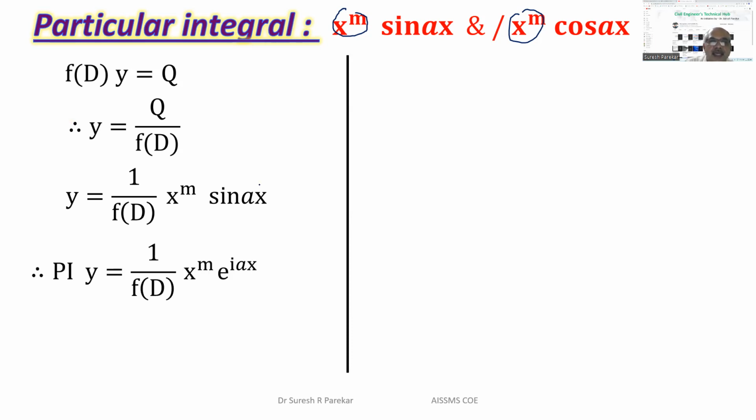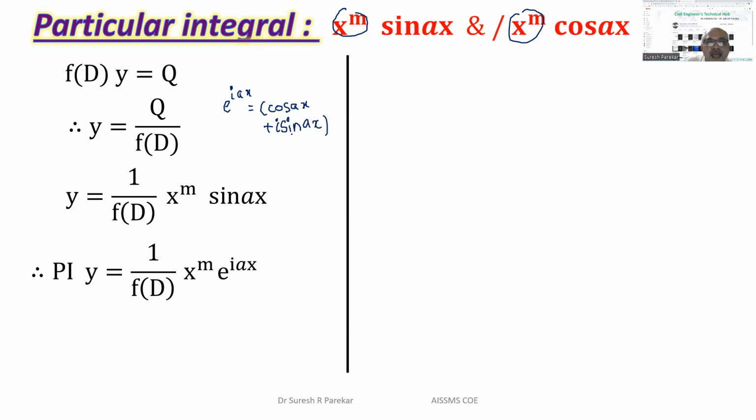Now this sin ax we have to write as e to the power iax. So e to the power iax equals cos ax plus i sin ax.